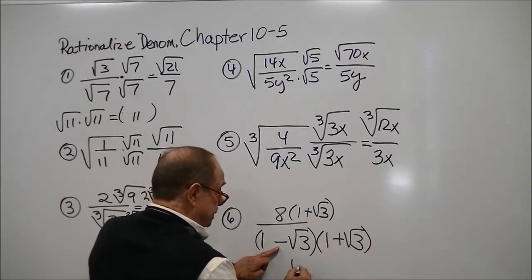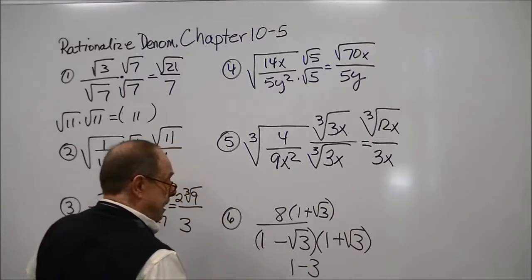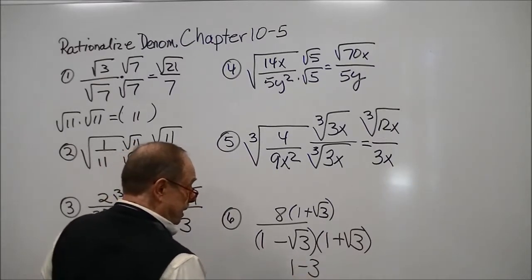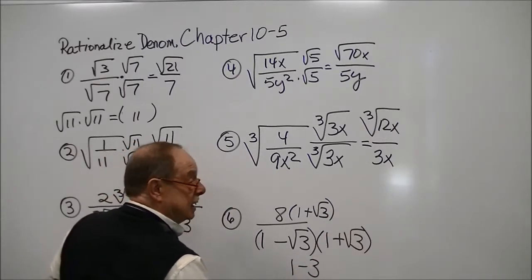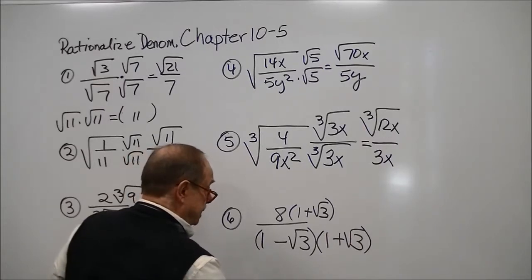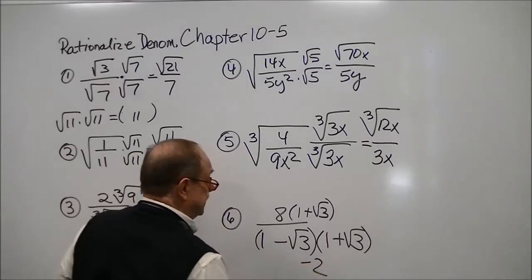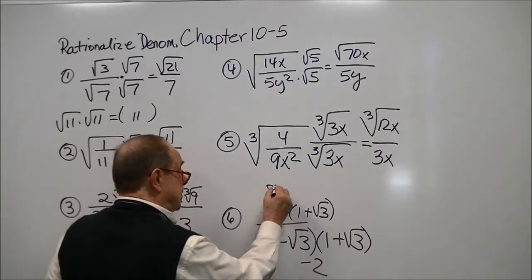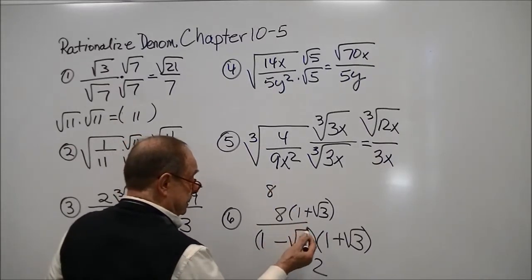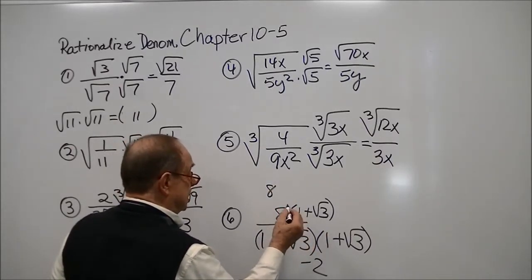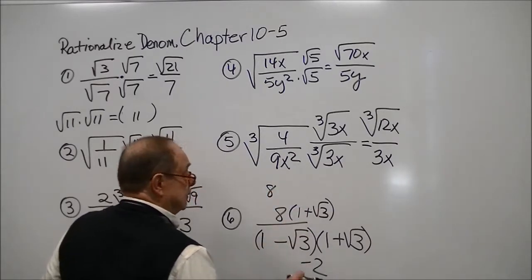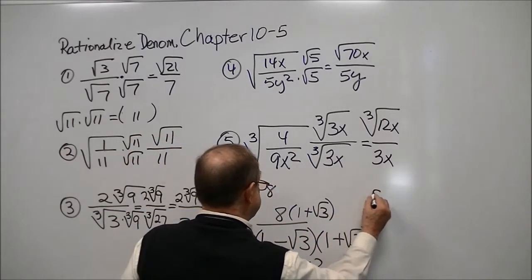Square root of 9 is 3. So 1 minus 3 is our new denominator, which is going to be a negative 2. So let's put that there. And then this just becomes, in fact, in some cases you can leave it this way, because watch what happens. In fact, let me write it out over here.